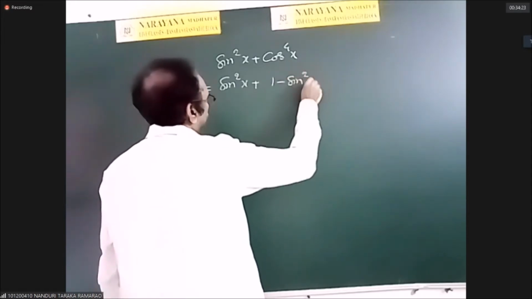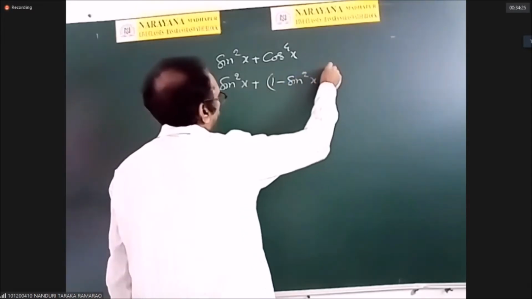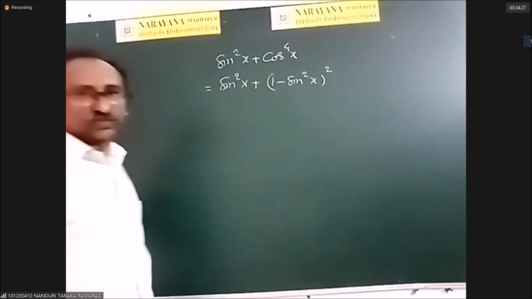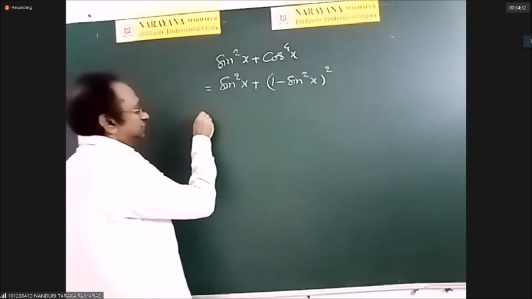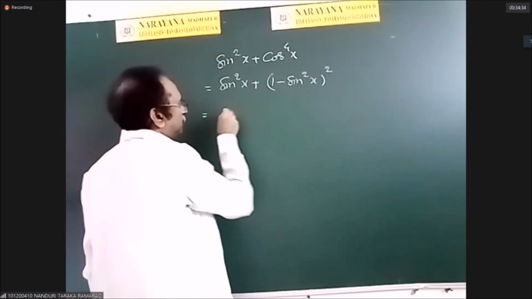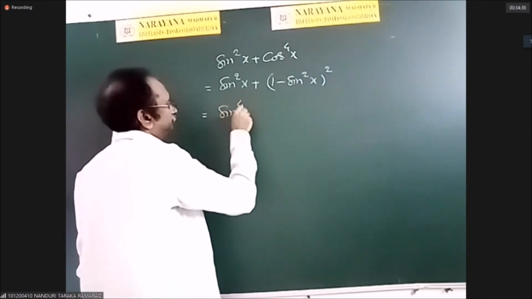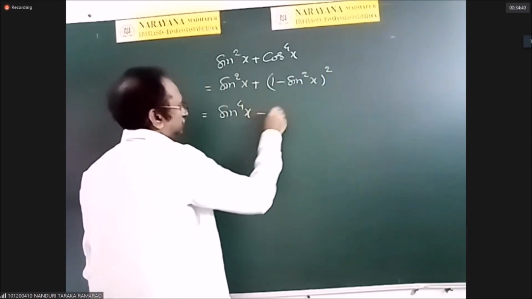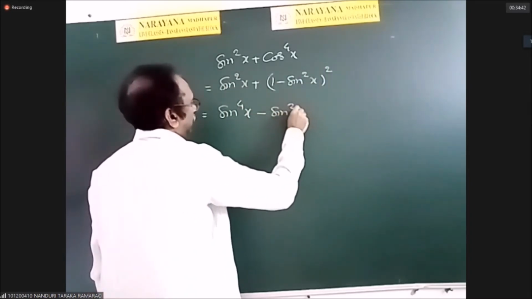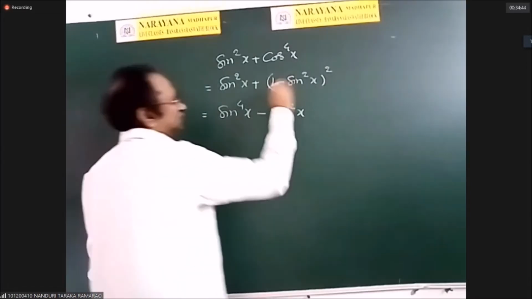Cos square x means 1 minus sin square x. So cos square x whole square means 1 minus sin square x whole square. So that is sin power 4x minus 2 sin square x plus sin square x minus sin square x plus 1.